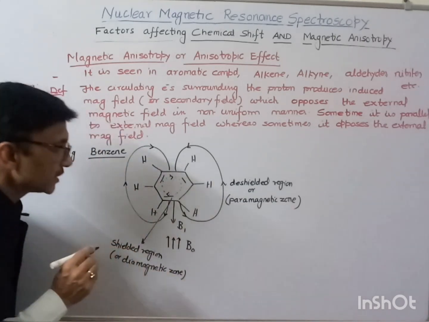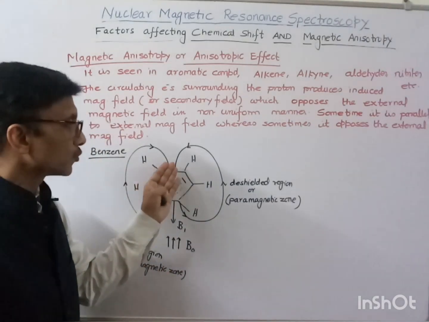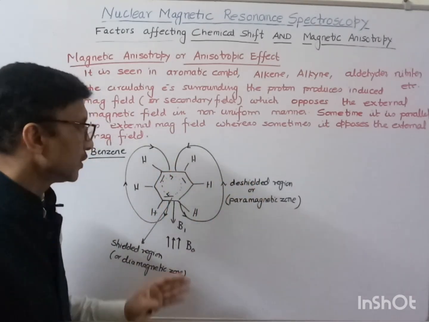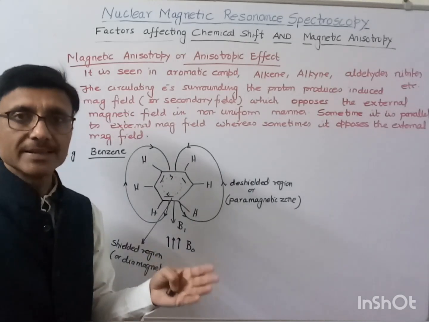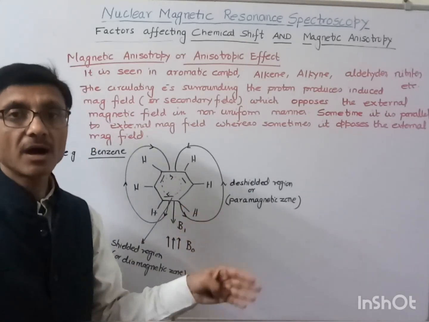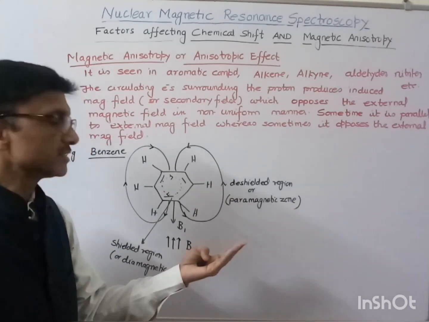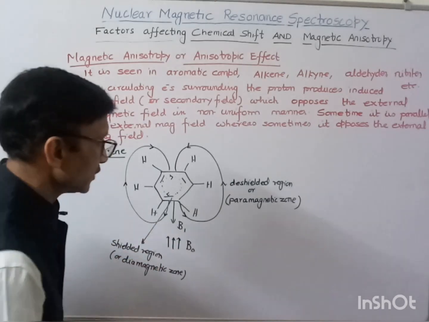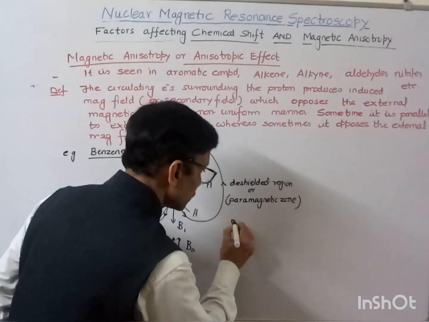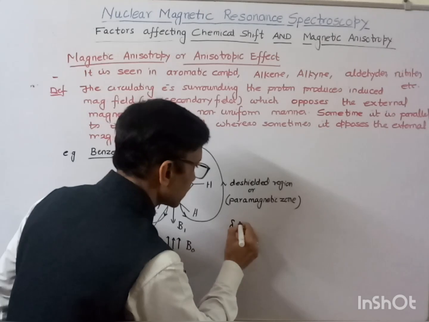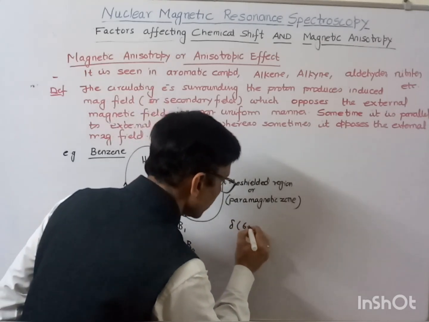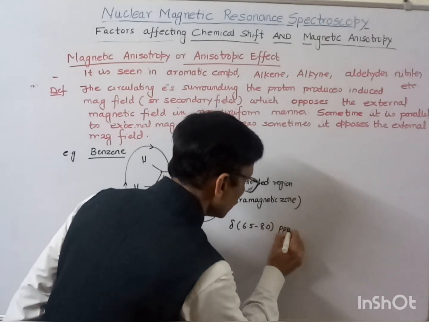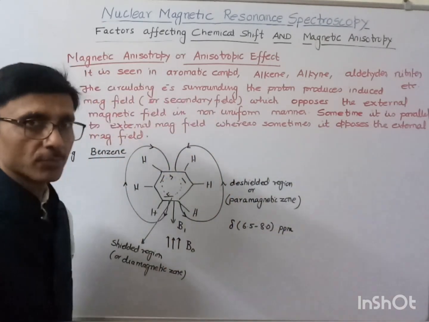In benzene, all protons are present in a deshielded region, or paramagnetic zone. So these protons are deshielded, and they will resonate at a higher frequency, meaning a higher chemical shift. The delta value for these phenyl protons is around 6.5 to 8.0 ppm.